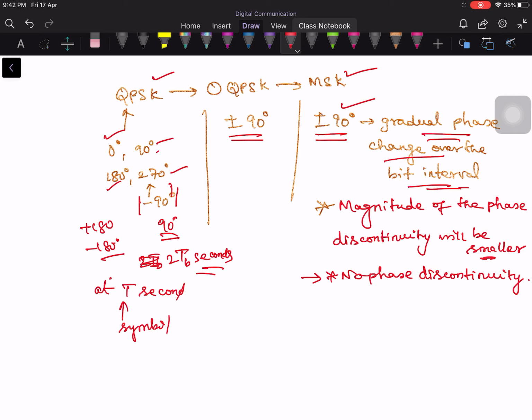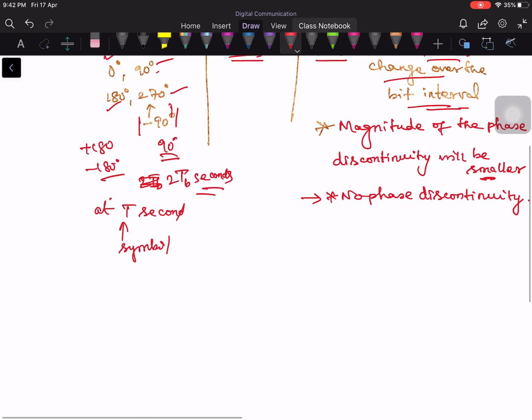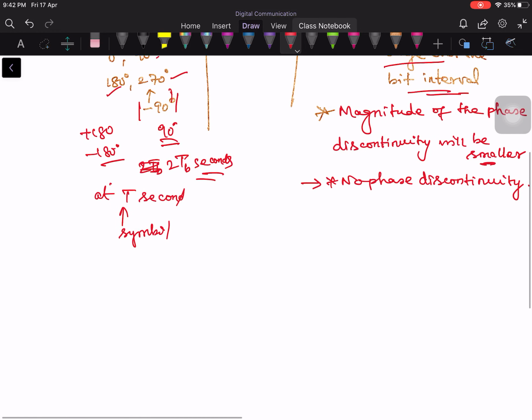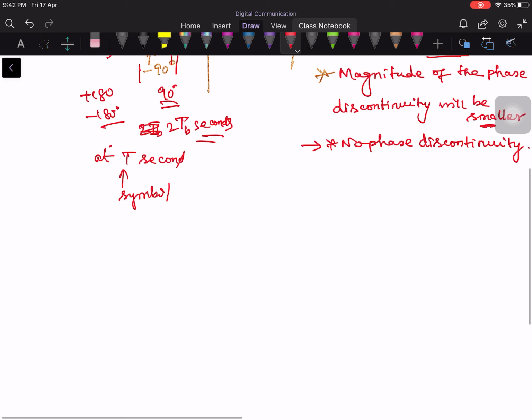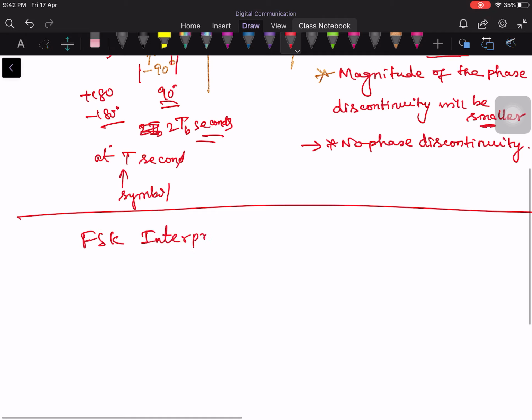Now let us discuss how we can interpret the MSK waveform as an FSK signal. So this is a preliminary FSK interpretation. In fact, the name MSK, minimum shift keying, comes from its relationship with frequency shift keying.